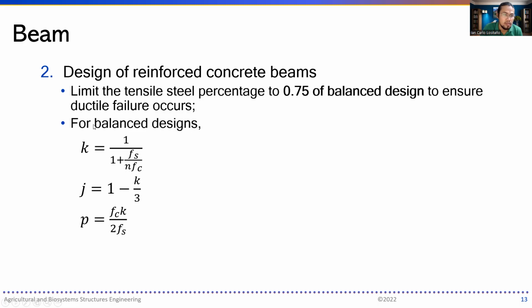For a balanced design, these are the values for your k, j, and p as shown. k is 1 over the quantity 1 plus fs over n fc. j is 1 minus k over 3. And p is fc k over 2 times fs.